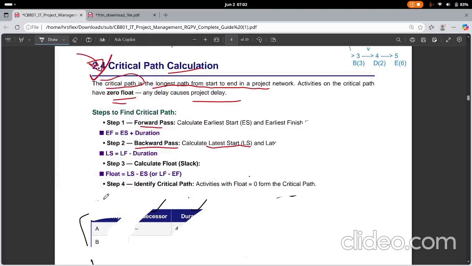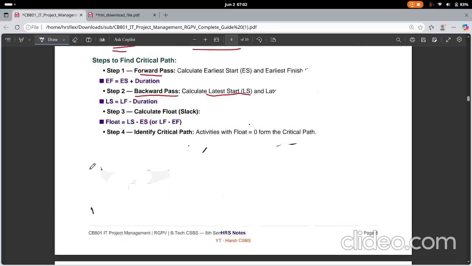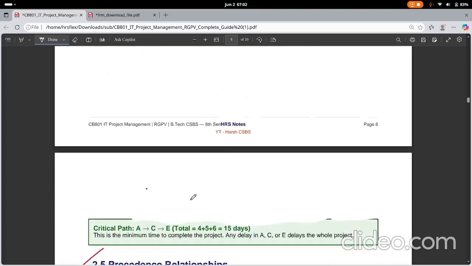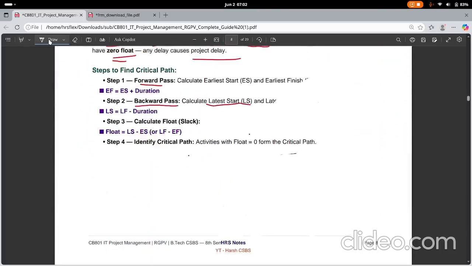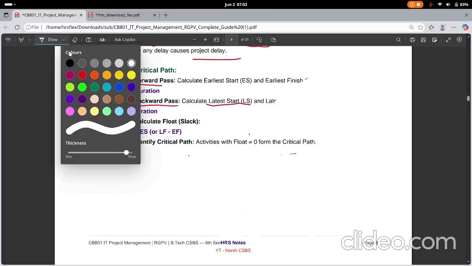Yep, it is there. Okay, now you can see what the steps are. It's magic.